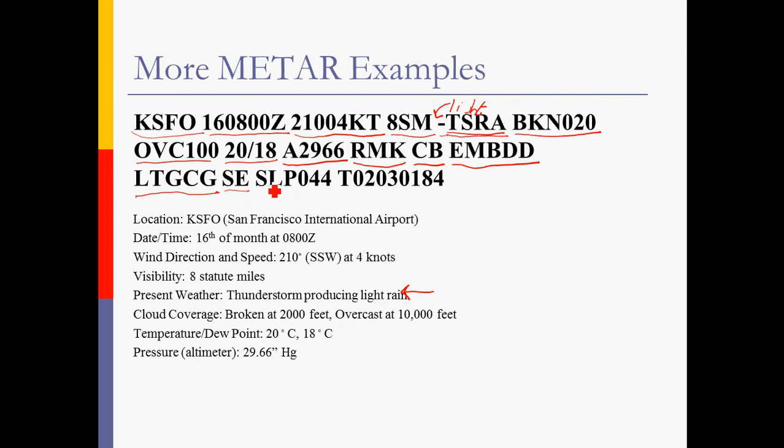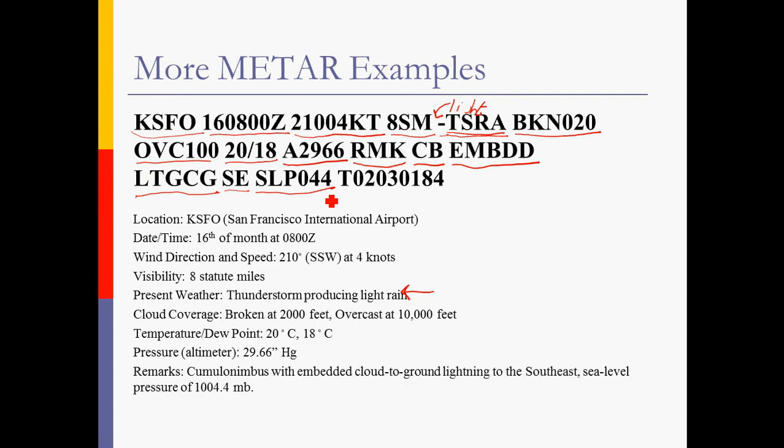Then we have SLP 044 here. And this is another way of representing sea level pressure. And so this is telling us that the sea level pressure was 1004.4 millibars. Remember how to decode this.